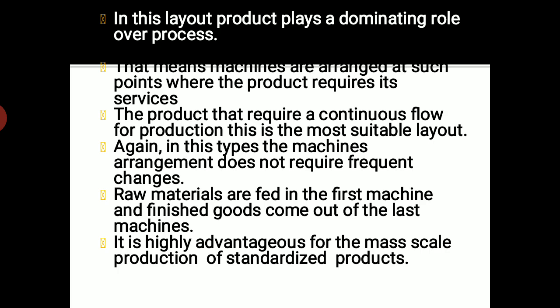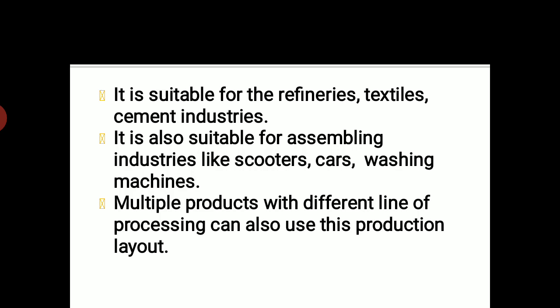Once you feed in the raw material, it goes on from one to the next one and to the next one. That means the sequence is fixed and there are hardly any variations in the sequence. When you need such a kind of work to be done, product layout is always the best option.